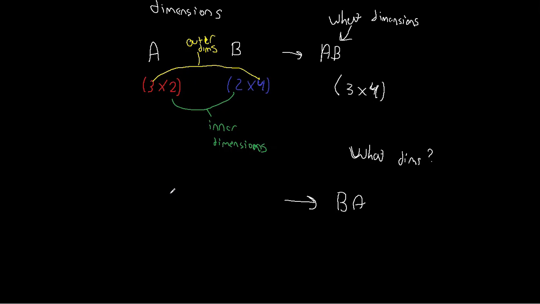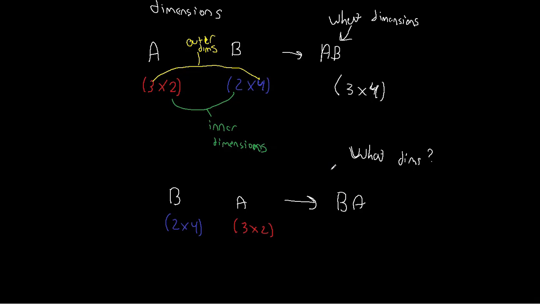So what if instead we were to multiply B times A? We're going to keep their dimensions as 3 by 2 and 2 by 4. We haven't changed anything, we've just reordered them. Instead of multiplying A by B, we're multiplying B by A.